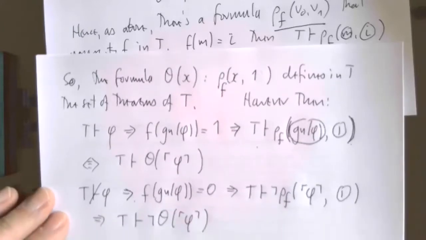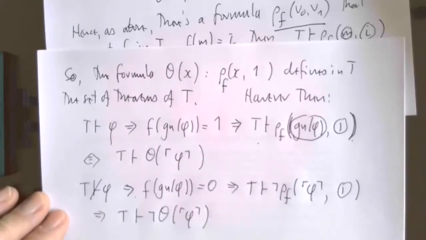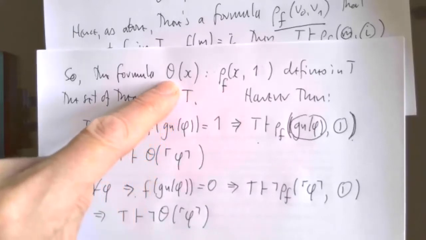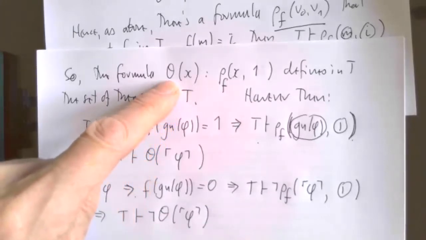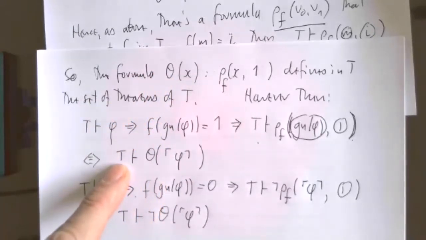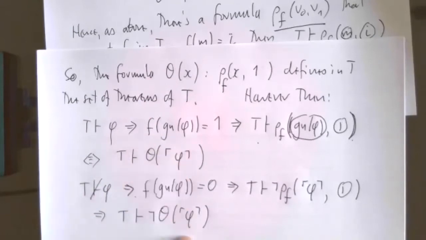So now what have I got? I've got here this formula theta, right? That's defining in the theory T the Gödel numbers of the theorems of T. And this contradicts an earlier lemma, 635.